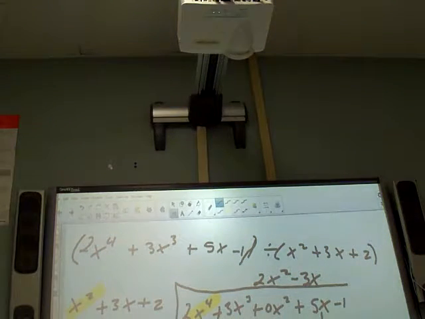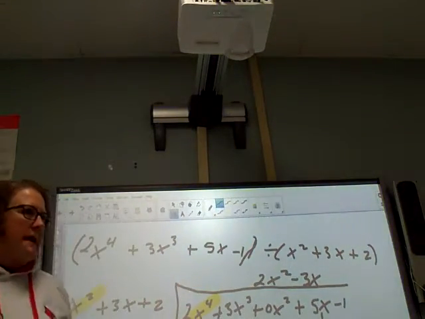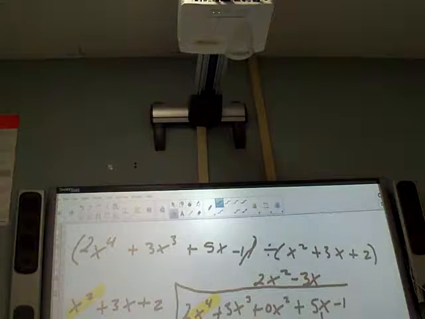Negative 3x times x squared is negative 3x cubed. And remember, that's always the point. That first time you're trying to always get the same thing, so it cancels out. Now we got negative 3x times 3x, negative 9x squared. And then you got negative 3x times 2.